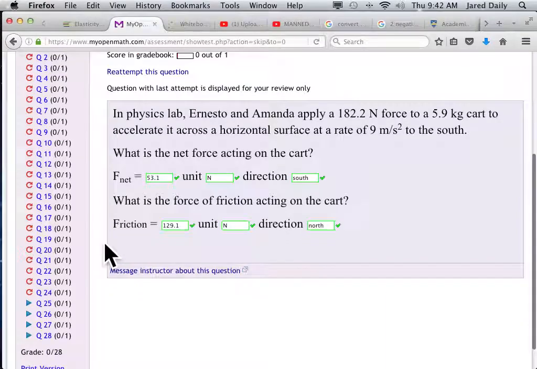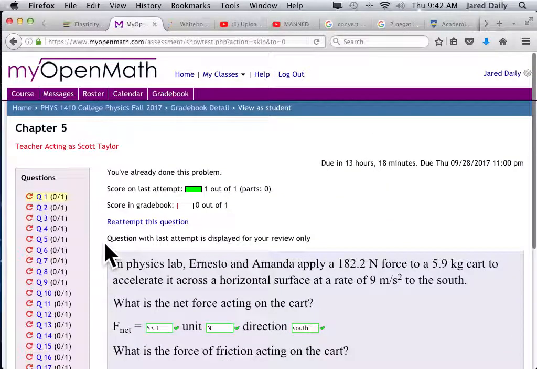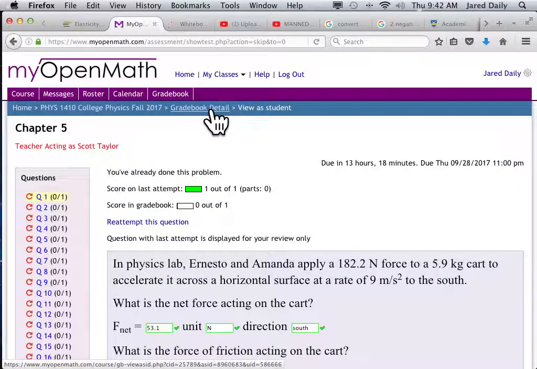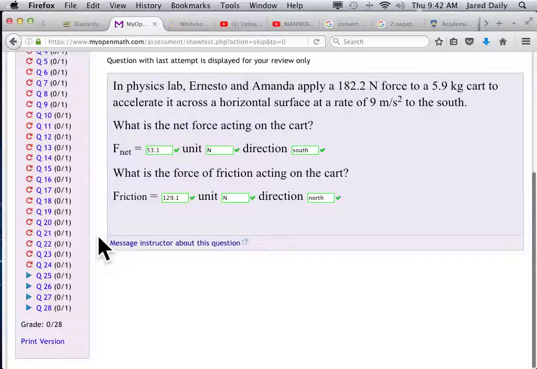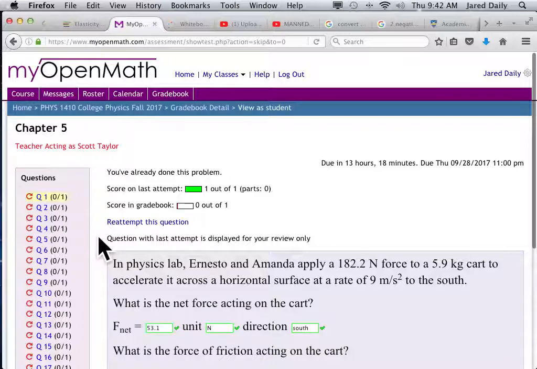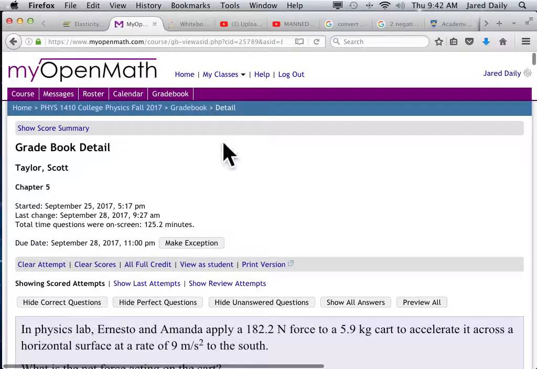So I'll just submit them for you. That is goofy. Is anybody else having that problem where it sets everything to 0? That's really weird. I've never seen that happen before.